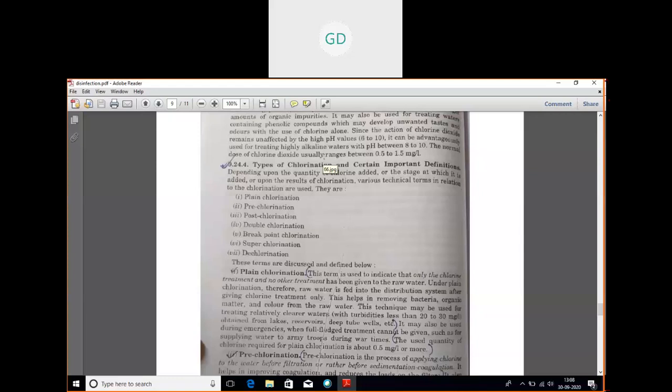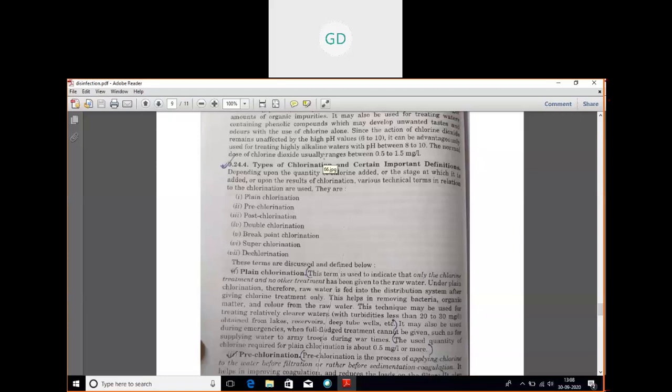When only chlorine treatment is given and no other treatments are given to the water, then it is known as plain chlorination. This technique is used when the water is relatively clear, with turbidity less than 20 to 30 milligram per liter.